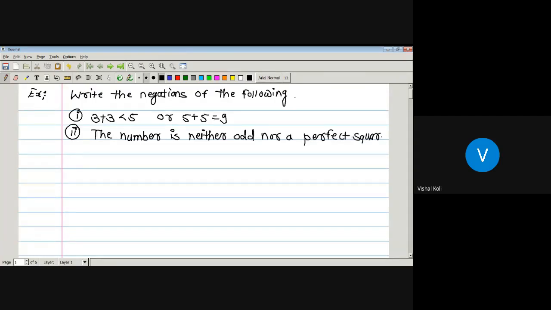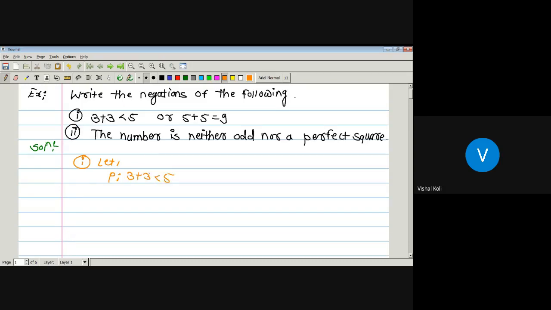So these are the two compound statements, and we have to find their negations. Let us see the solution. For the first one, let P be the statement 3 plus 3 is less than 5.